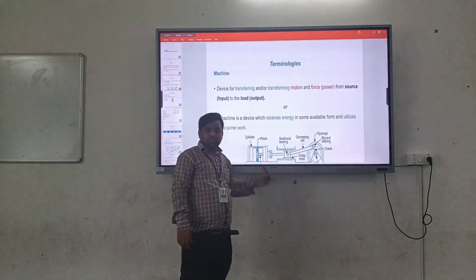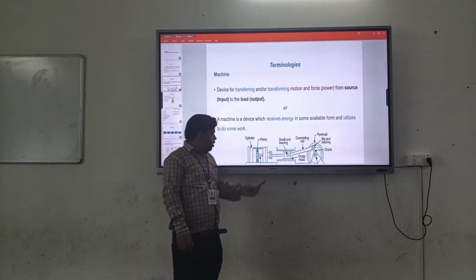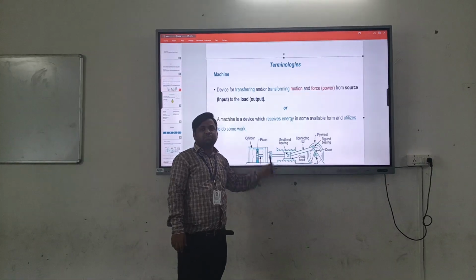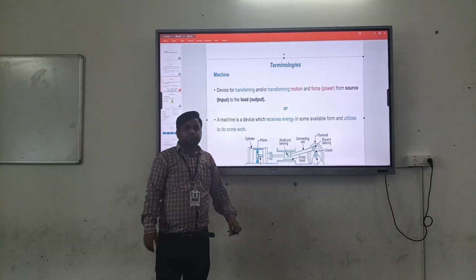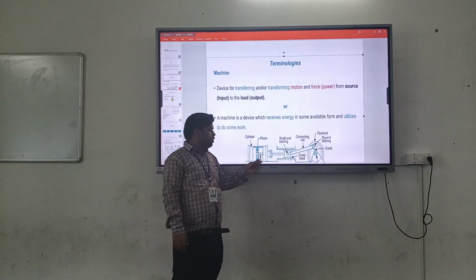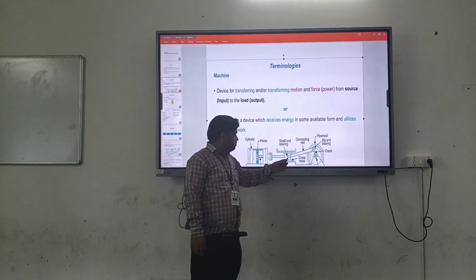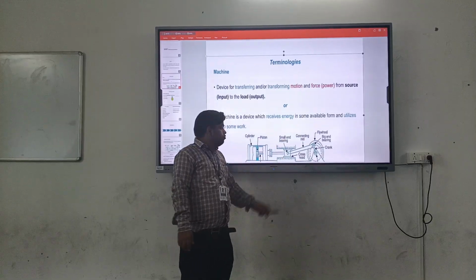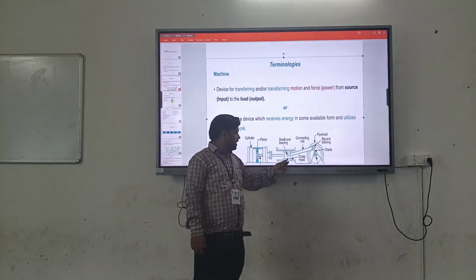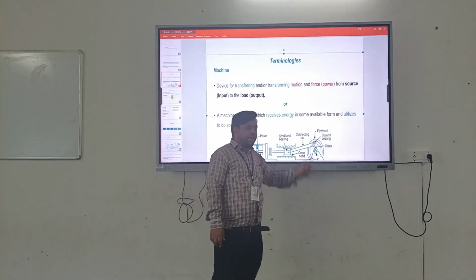This is a single slider crank mechanism having a cylinder and piston system, which has reciprocating motion, that is to and fro motion, which is transferred to the crosshead, which is connected to the connecting rod, which is further connected to the crank.